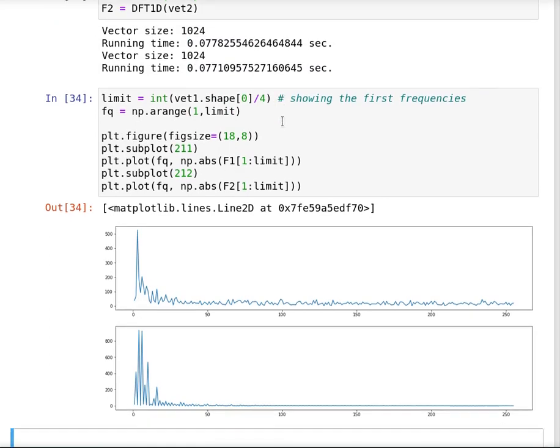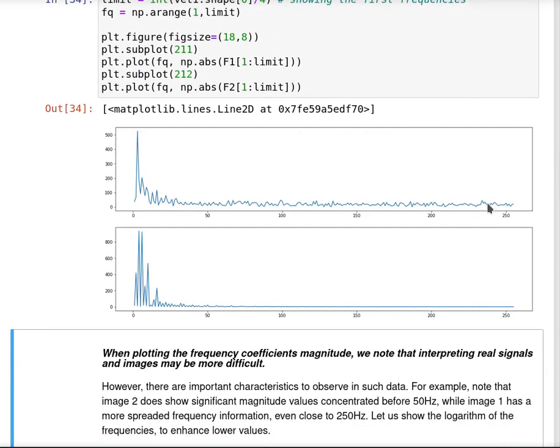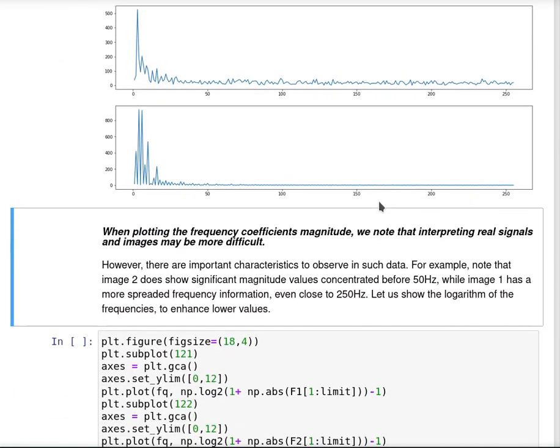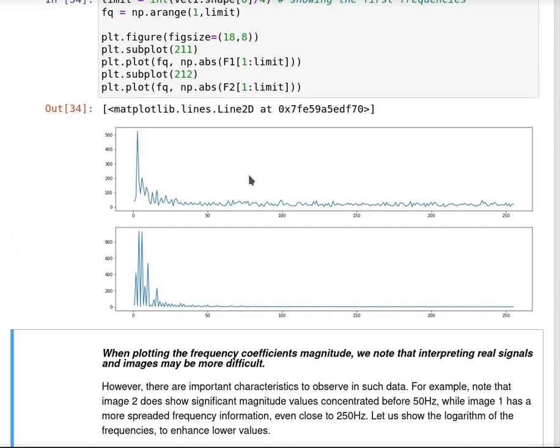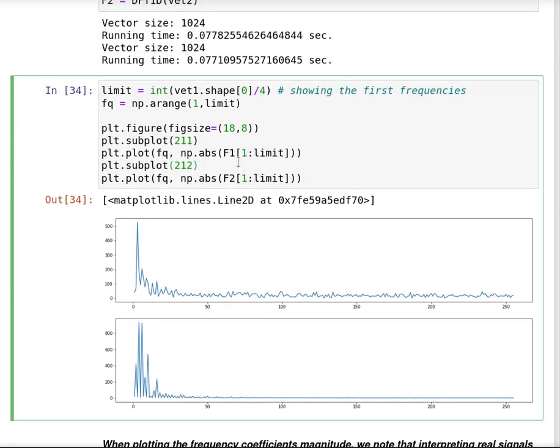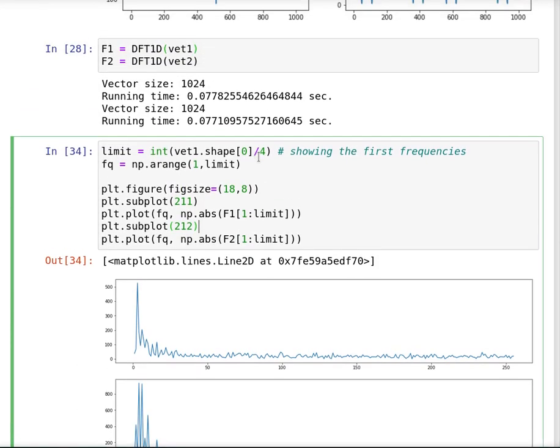Let's go back here, and much higher, like 200 or so. When we plot the coefficients using their magnitude, we are now trying to interpret real images, which may be more difficult. Real signals are much more difficult than artificial ones.